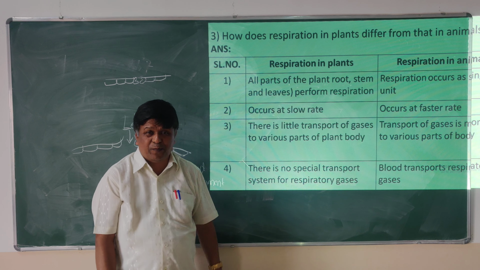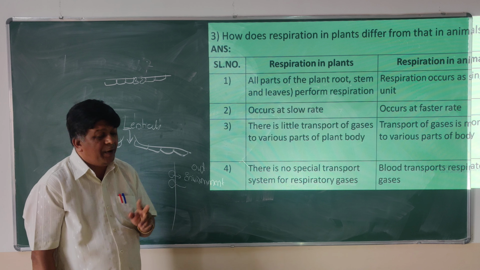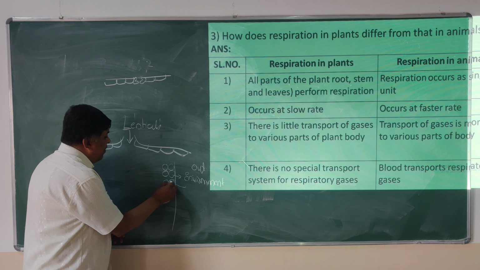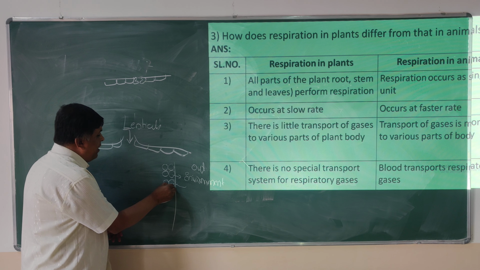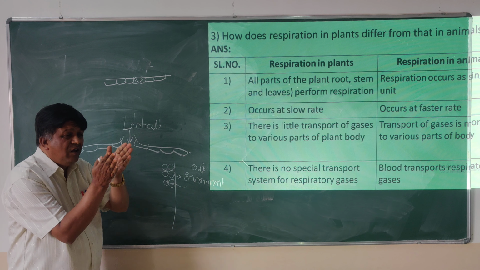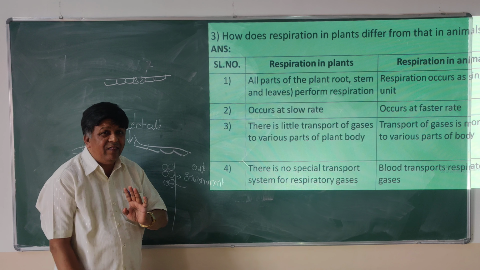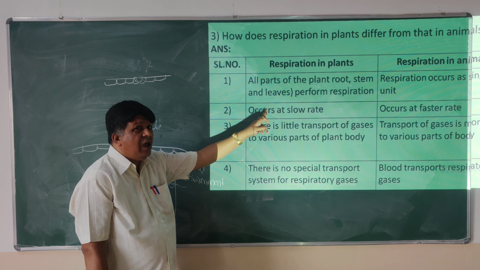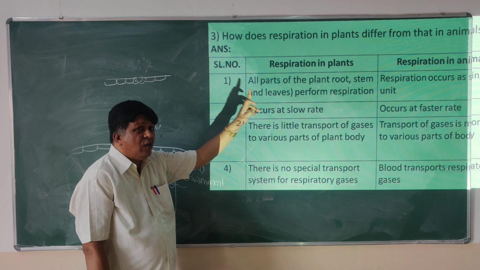Now the second difference is, in plants, respiration is at a slow rate. You may wonder why. Here the cells are so closely located that diffusion occurs and transport of gases is over a short distance. Hence, they need not be very fast. Therefore, respiration in plants is slow. Even the metabolism, the rate at which it occurs, is also slow.